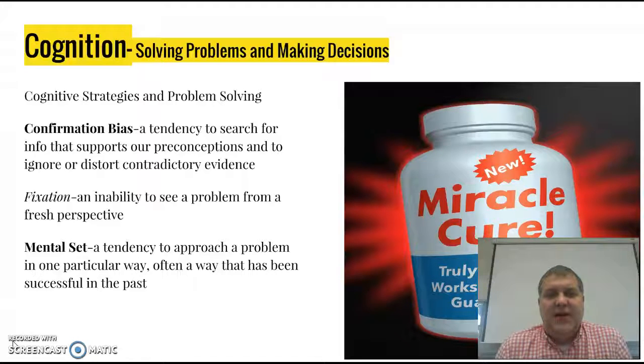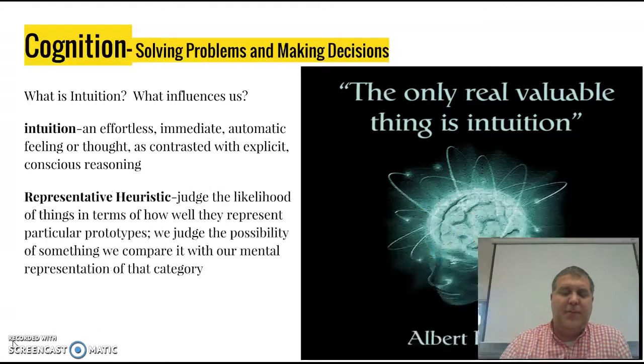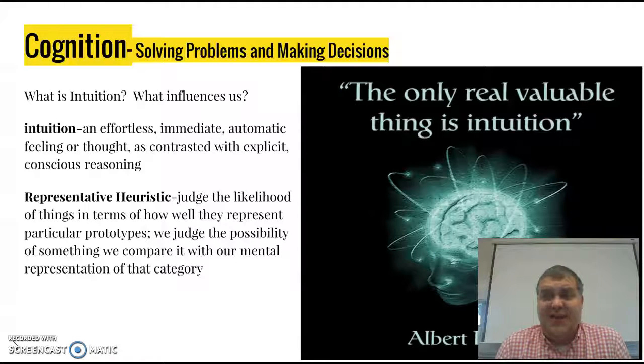Mental set is a tendency to approach a problem in a particular way, often a way that has been successful in the past. So if you need to take a test in this class and you've always done well taking tests, you don't necessarily need to switch things up, but sometimes we do. Intuition somewhat influences us. Albert Einstein said the only real valuable thing is intuition.